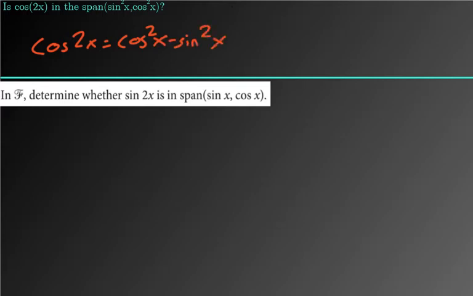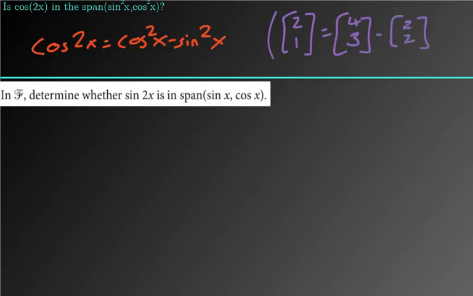This is just like the analogous problem, say, just make one up, is the vector (2, 1) in the span of (4, 3) and (2, 2)? And yes it is, because you can say (2, 1) equals (4, 3) minus (2, 2), right?